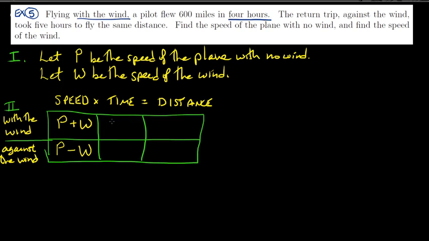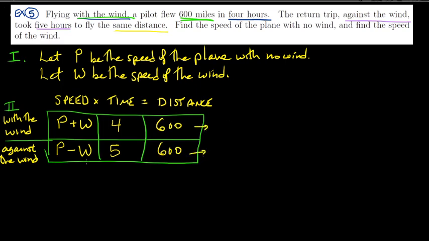So with the wind, time is 4. The return trip going against the wind took 5 hours. So now this is going to be 5. Distance, well, we have 600 miles going with the wind. And then the same distance going against the wind. So that's also 600.